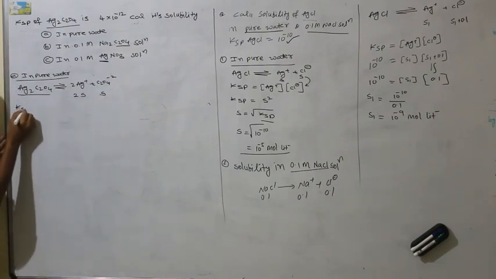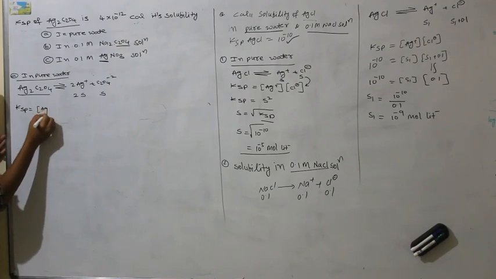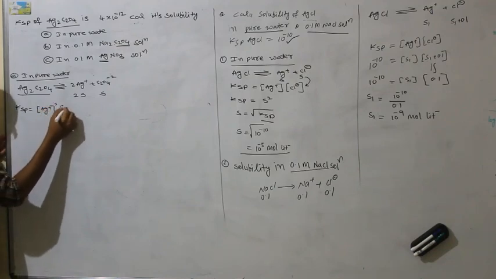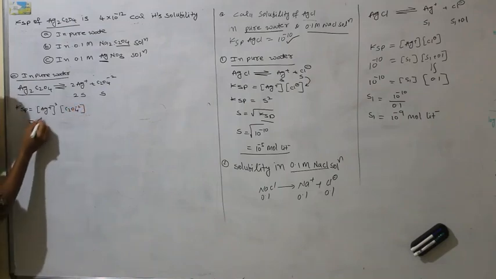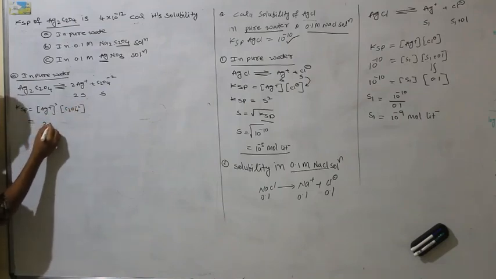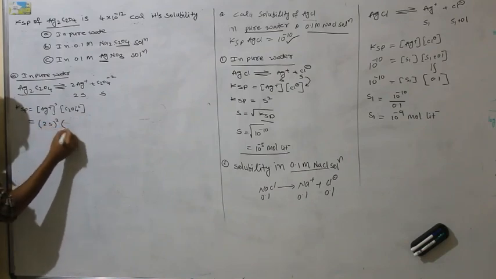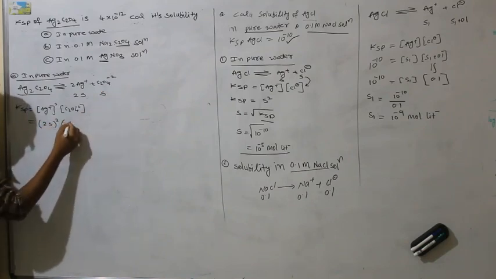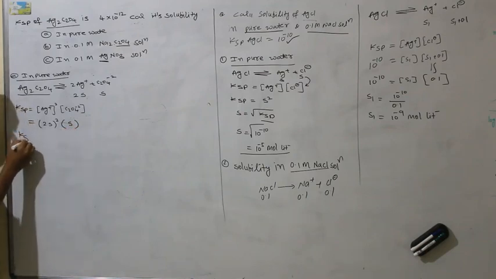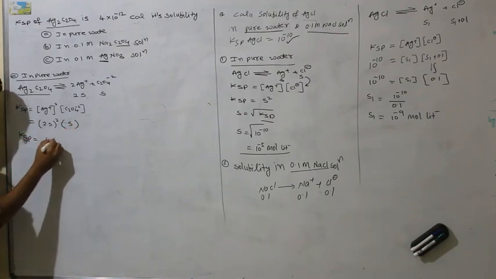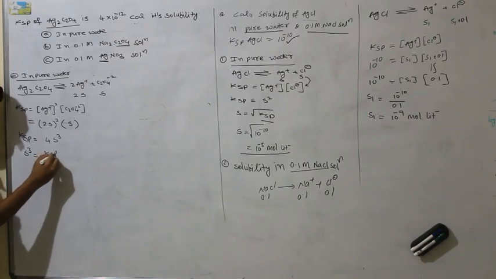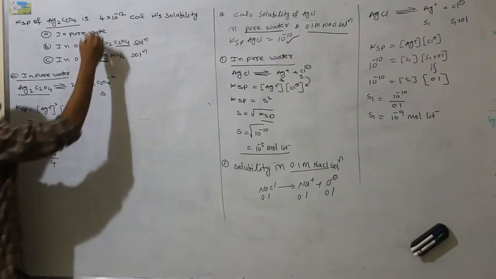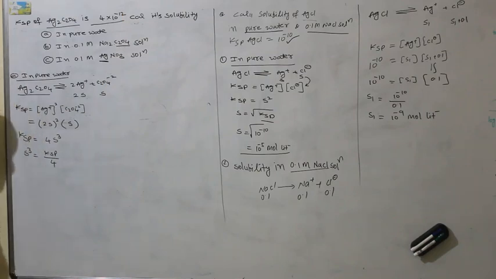What will the KSP expression be? Concentration of Ag plus power 2 into concentration of oxalate power 1. Solubility of Ag is 2S, so 2S whole square into the solubility of oxalate, which is S. So KSP equals 4S cube. So S cube is equal to KSP by 4, and the KSP value we have is 4 into 10 power minus 12.